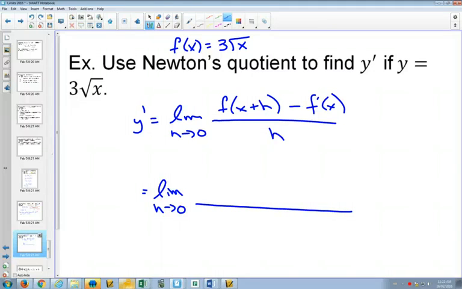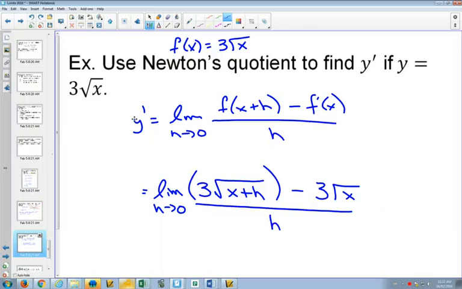So we start by replacing every x with x plus h, so that'll be our first function, minus f of x, which would be 3 root x, all divided by h. Suggestions?